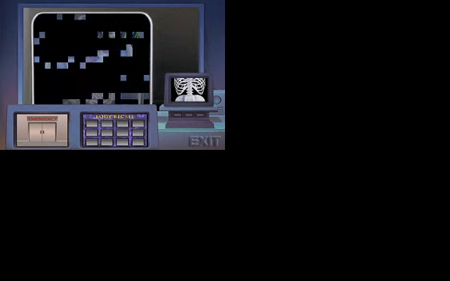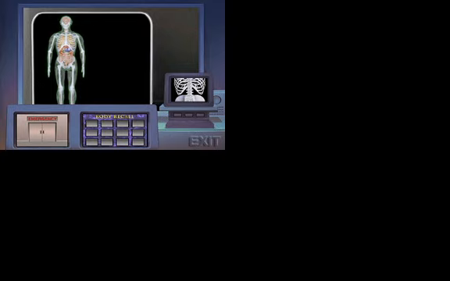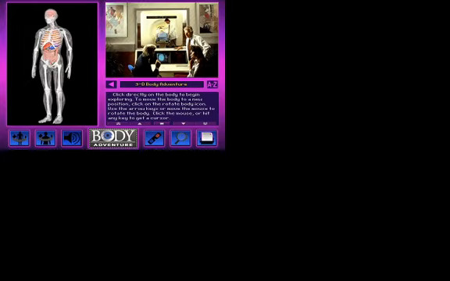Prepare for body imaging and exploration. Click directly on the body to begin exploring.